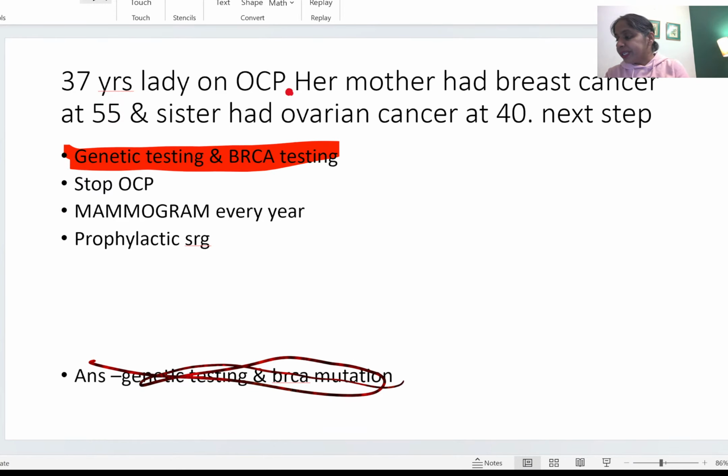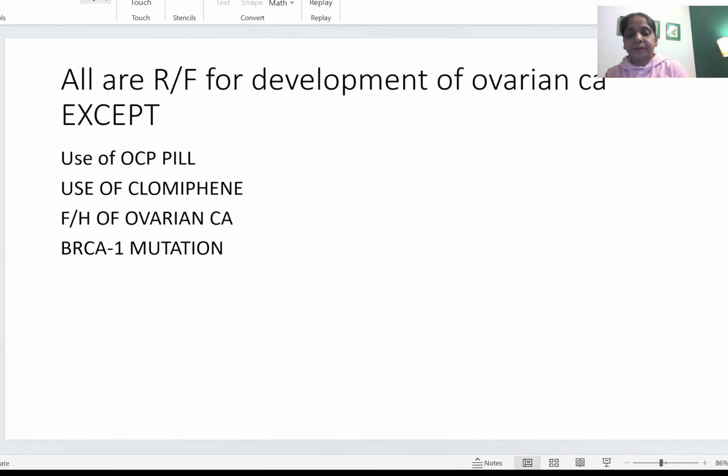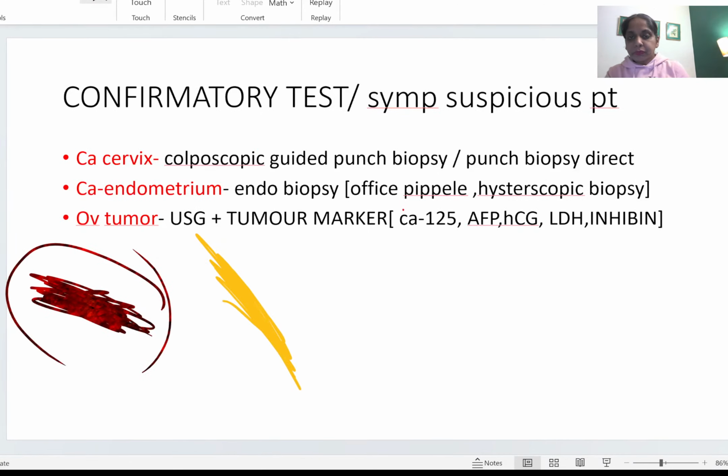Next: all are risk factors for the development of ovarian cancer except the use of oral contraceptive pills. We have already studied that ovarian cancer is prevented by oral contraceptive pills.